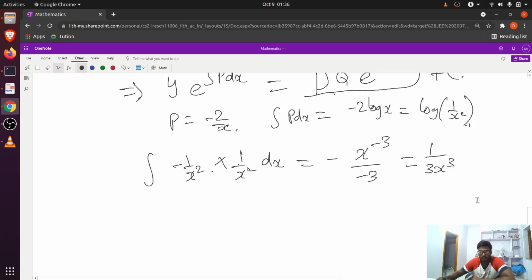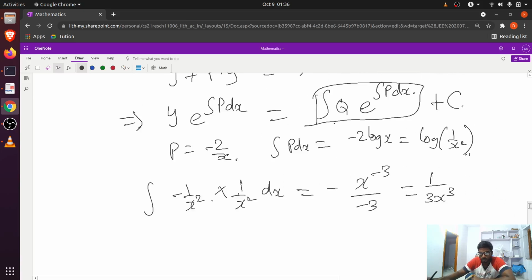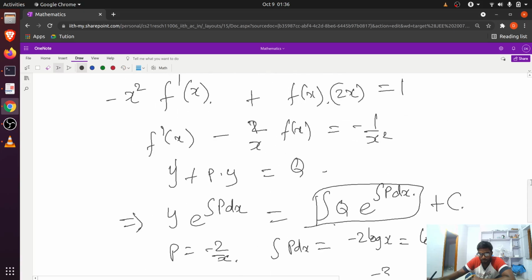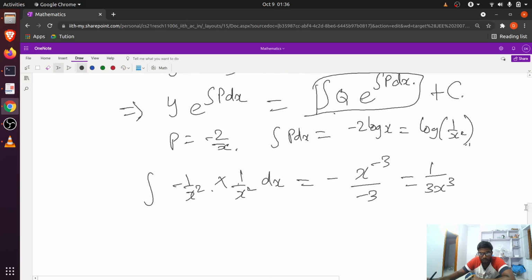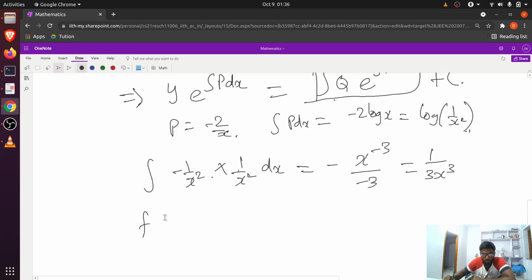That is the integral of the term into e to the power integral of p dx. So from this we can write f of x into 1 by x square is equal to 1 by 3x cube plus some constant c.